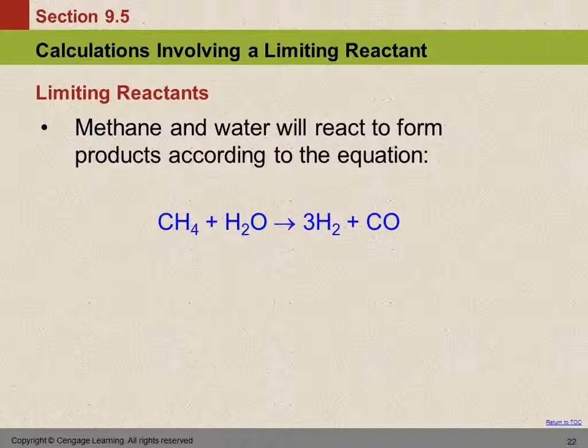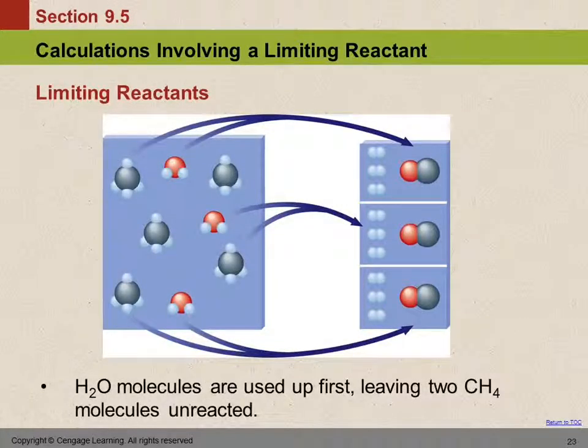So methane and water can react to form hydrogen and carbon monoxide. This equation's balanced. We've got one carbon, one oxygen, 6 hydrogens, 2 plus 4, 6 hydrogens. So if this is our mixture, here we've got methane and water.